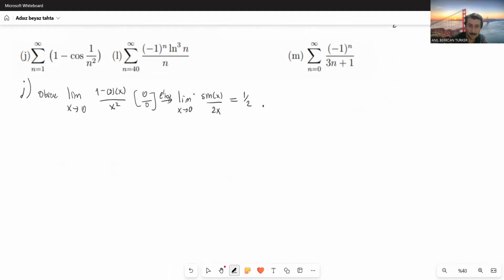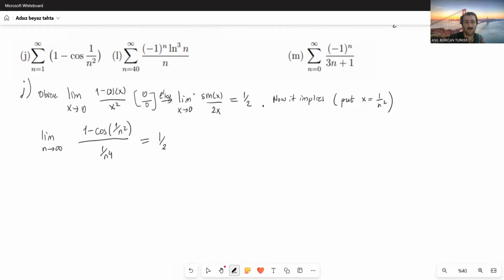And instead of x, if you put 1 over n square, now it implies the limit as n goes to infinity of 1 minus cosine 1 over n square, over 1 over n to the power 4, is 1 over 2.